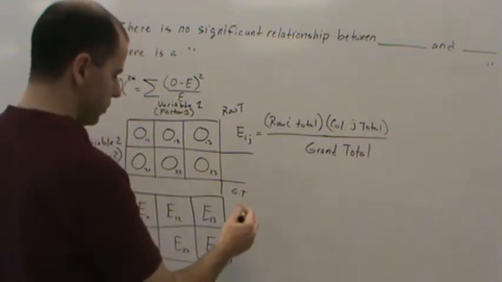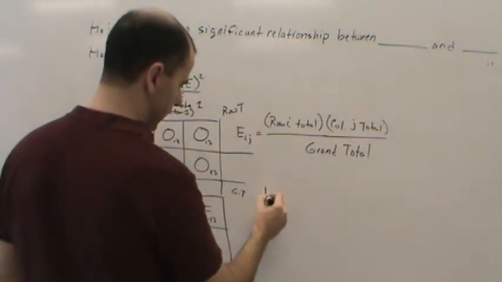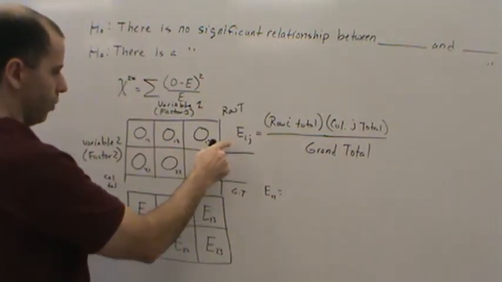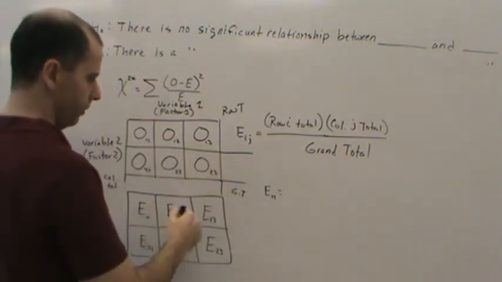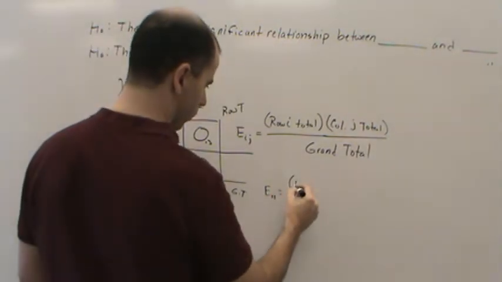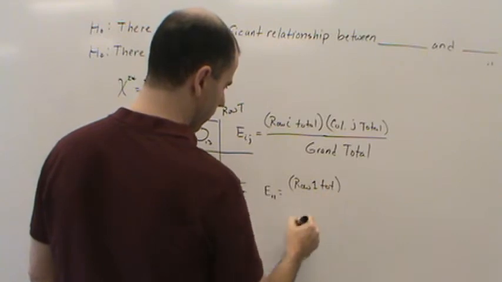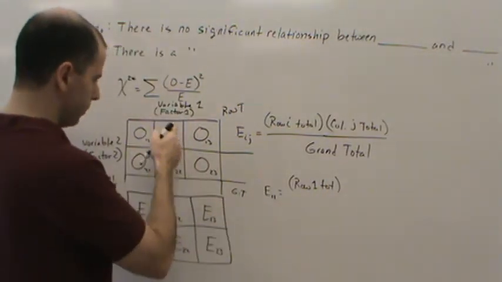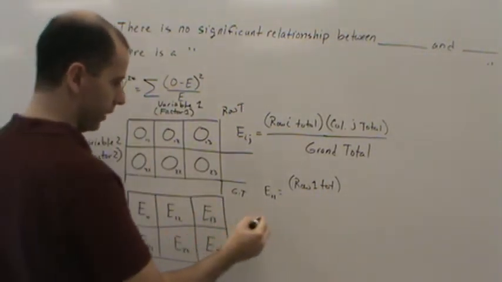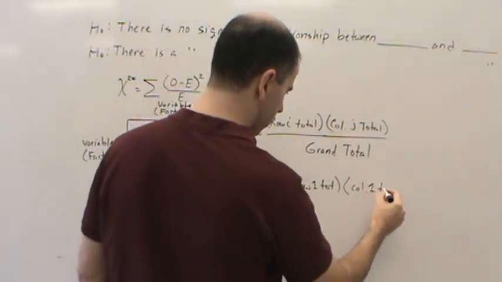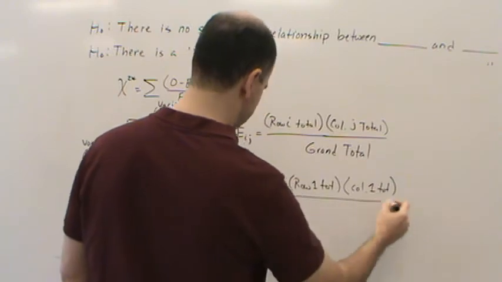So now, let's use E11 as an example. E11, we would calculate by saying, okay, we're going to take the row 1 total, and then we're going to take the column 1 total, which is down here, and we're going to divide by the grand total.